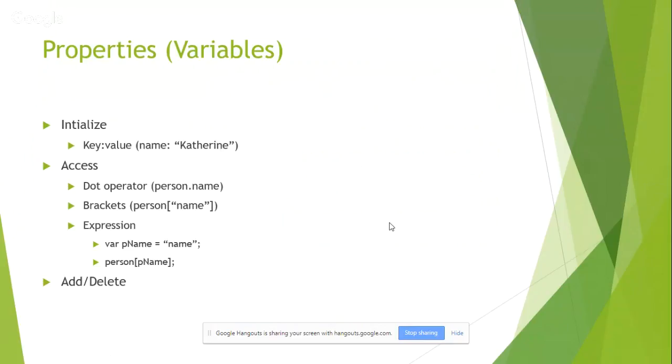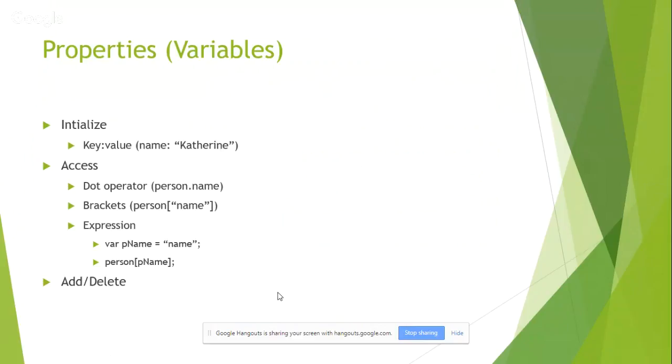You can also do it with brackets, which is again your object name, brackets, and then the stringified value of your key for that value you're trying to access. And you can also do the same thing by assigning a variable with the stringified key, and then place it inside the bracket notation, and it will evaluate the same as your standard bracket notation.